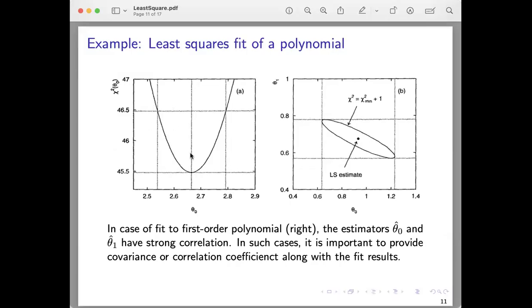That gives you the uncertainty on theta 0. But from this uncertainty on theta 0, you cannot really say that this hypothesis, the function that you are fitting, is actually correct.